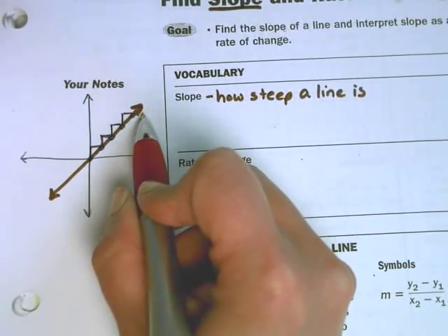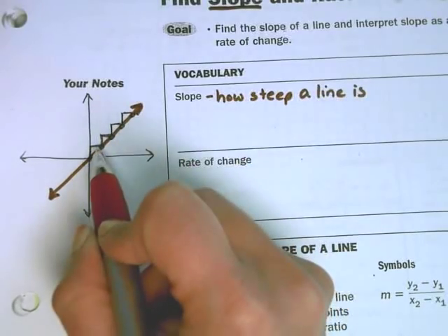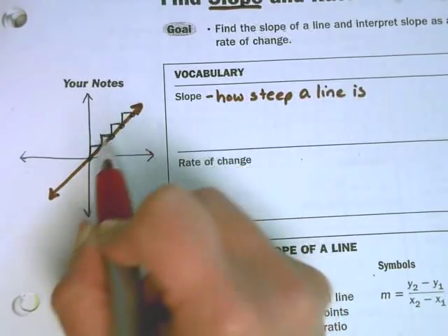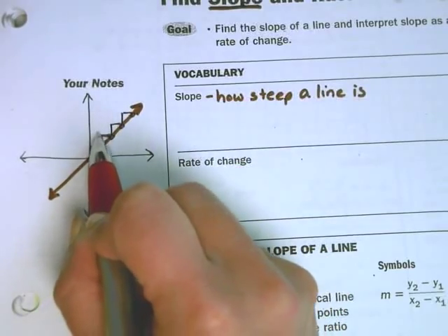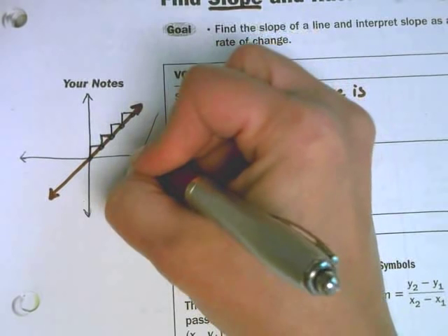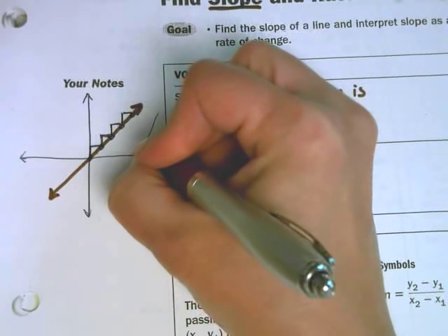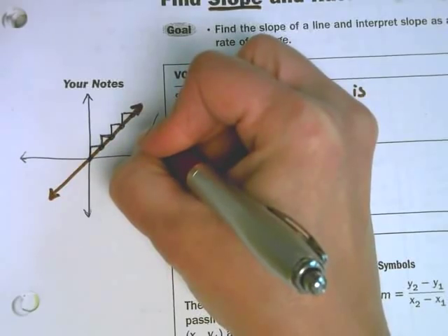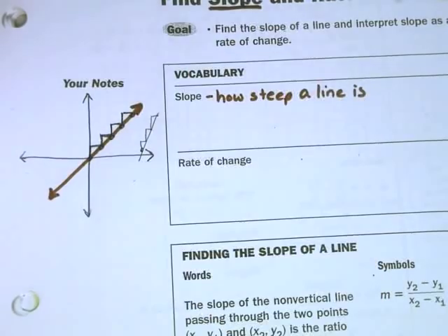Okay? How many people have ever been to a really, really steep staircase before, where you had to lift your leg really far and then just maybe go over a little bit? Something maybe more like this, where you're going up pretty far, then over just a little bit. That would be pretty steep.